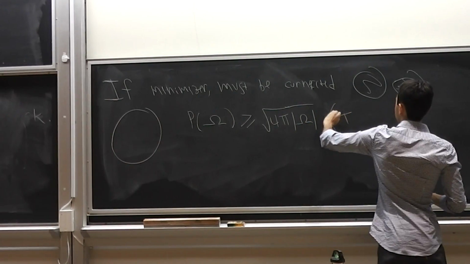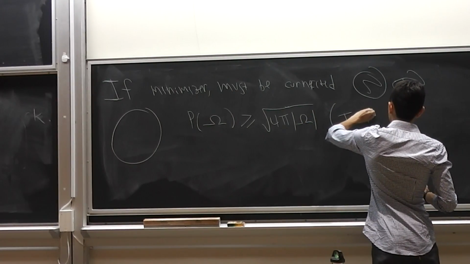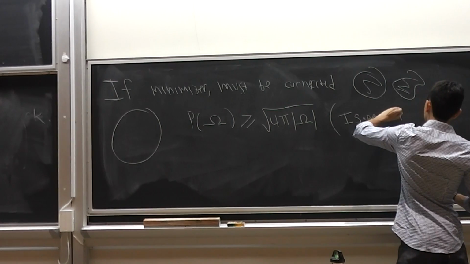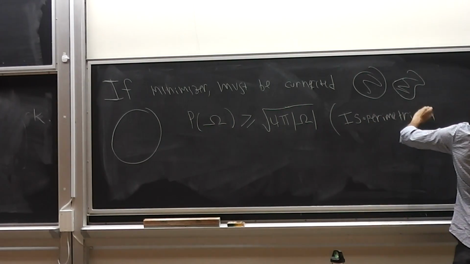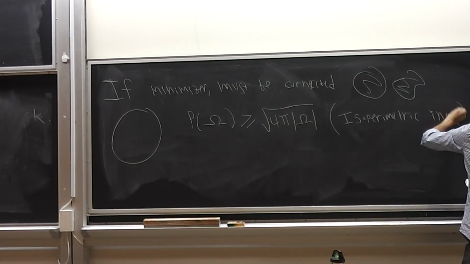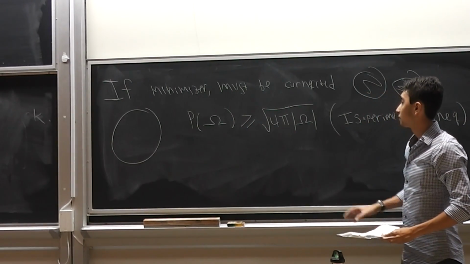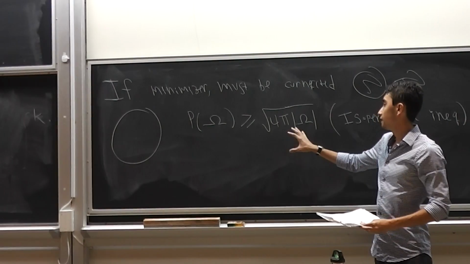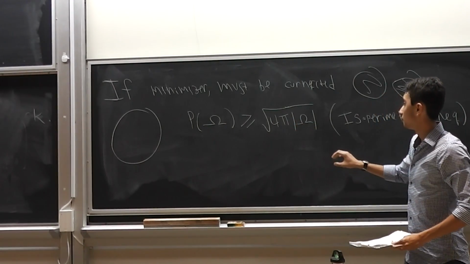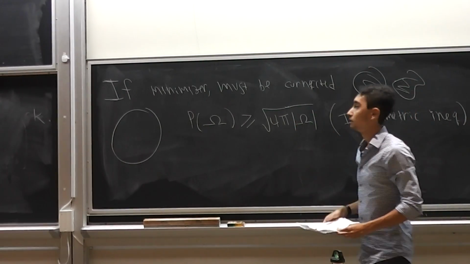This is the isoperimetric inequality. It pretty much just says that if you have a set, its perimeter has to be at least as large as the perimeter of a ball with the same area.